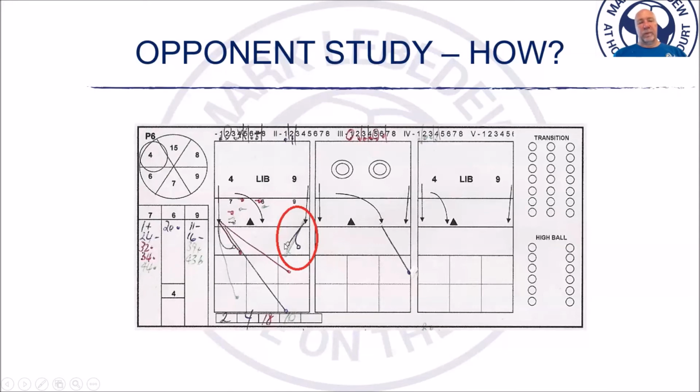Position 4 spikes mostly cross court, which we could have predicted from our basic information, and so on and so forth. So the colors and the notation give a visual component to the information that you can see just by looking at the paper, without necessarily reading or calculating in your head what any of the particular numbers are.